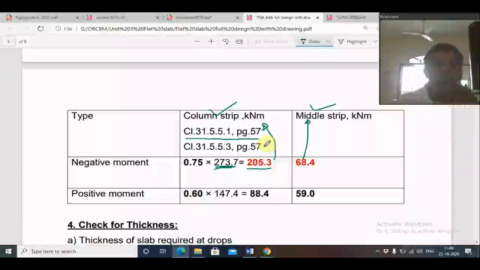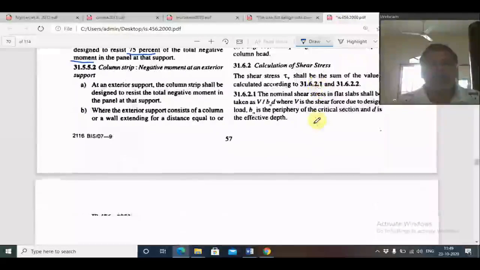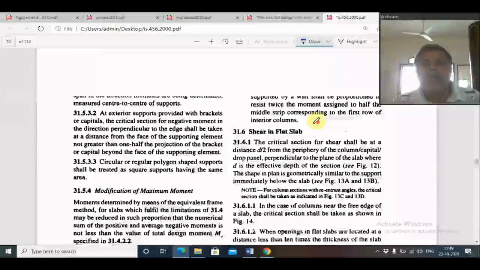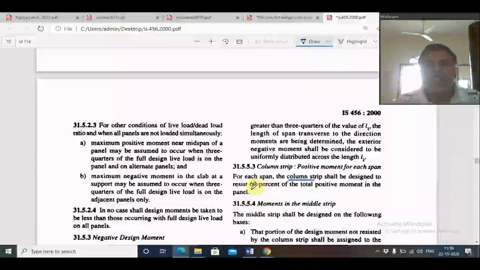Similarly, I have to distribute the positive moment to the column strip as well as the middle strip. For that, I have to refer to clause 31.5.5.3 on page 57. Column strip positive moment for each span: the column strip shall be designed to resist 60% of the total positive moment in the panel.